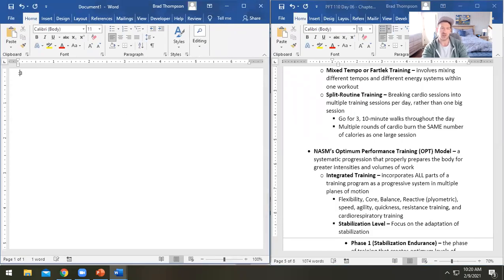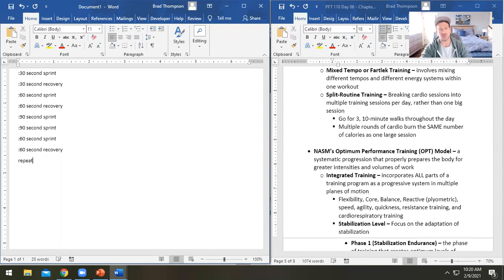You can do a 30-second sprint, and then a 30-second recovery, and then a 60-second sprint, followed by a 60-second recovery, 90-second sprint, 90-second recovery, go back to 60 seconds, and repeat. And that's your whole routine, right?